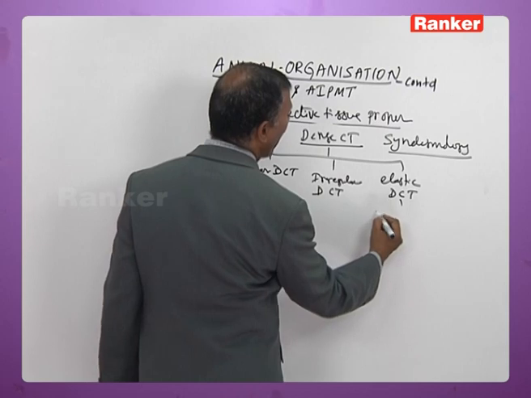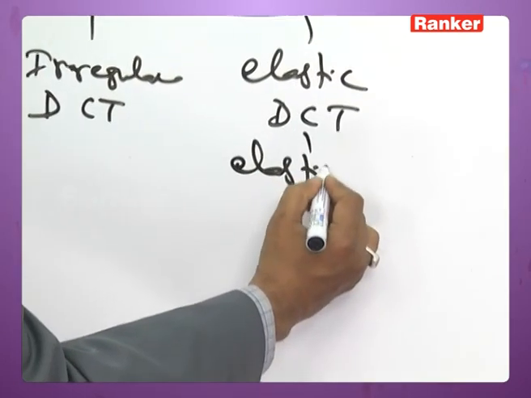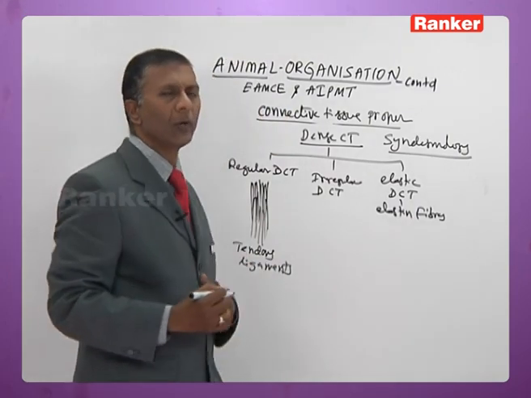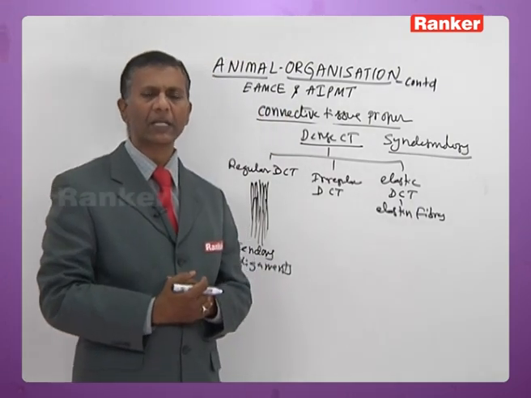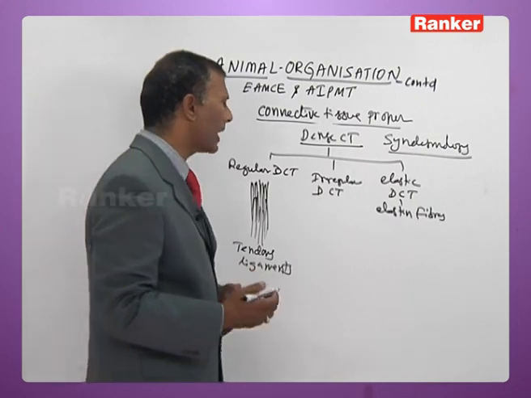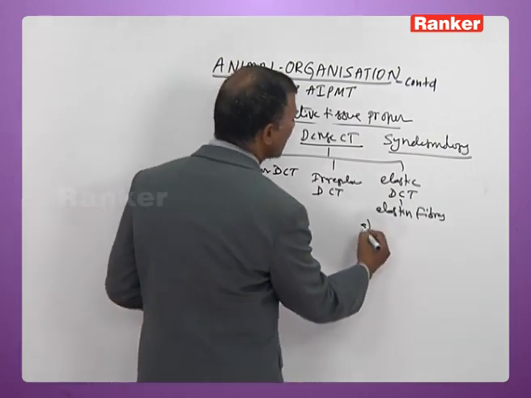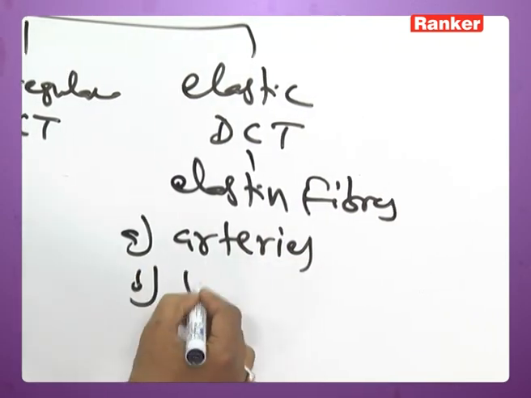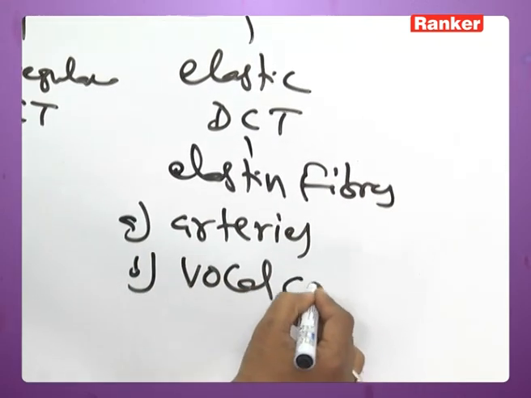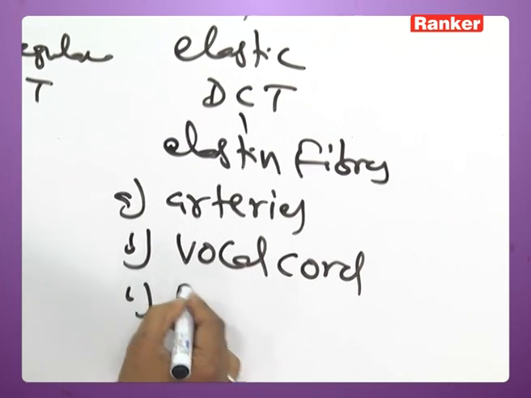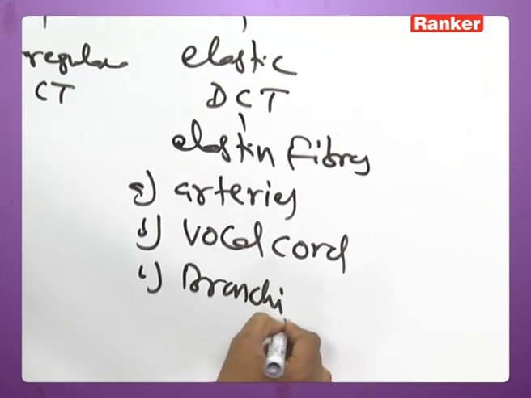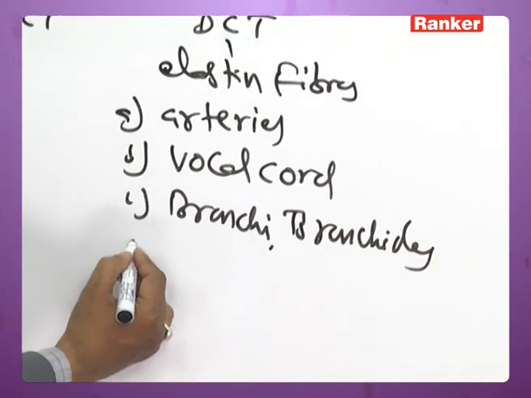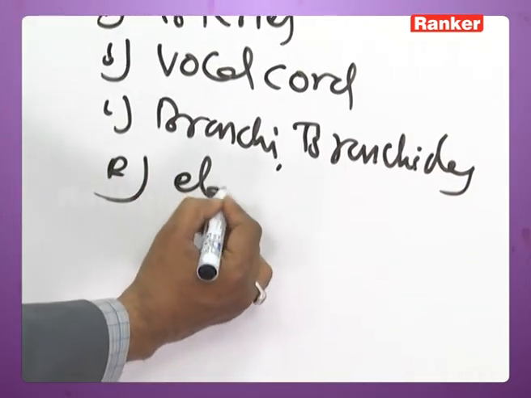Elastic connective tissue is made up of a large number of elastin fibers, which have the ability to recoil themselves after being stretched. Elastic connective tissue is present in arteries, vocal cords, bronchi and bronchioles, and elastic ligaments.